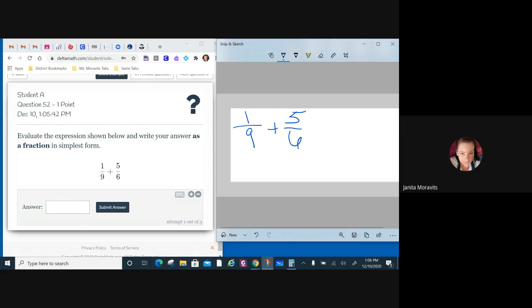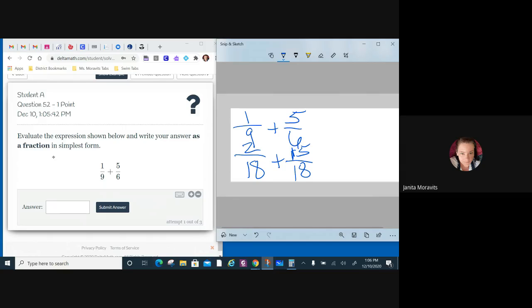So let's figure out what's the smallest number that both of these will go into. It looks to me like 18 is probably going to be that number. All right, so 6 will go into 18 3 times, and 3 times 5 is 15. 9 will go into 18 2 times, and 2 times 1 is 2.